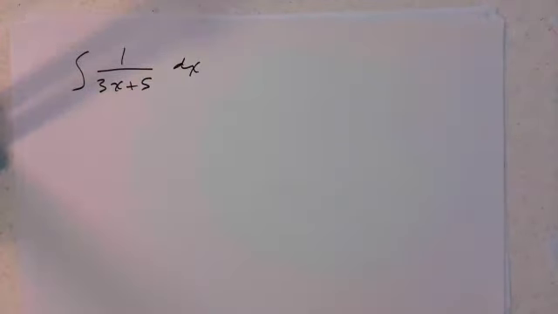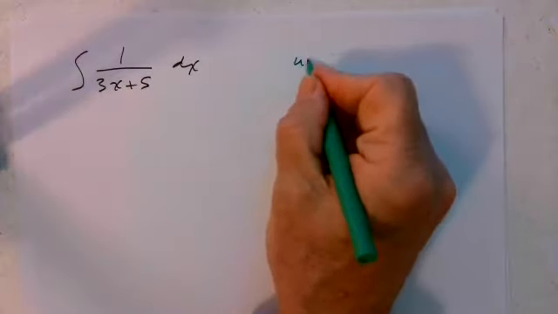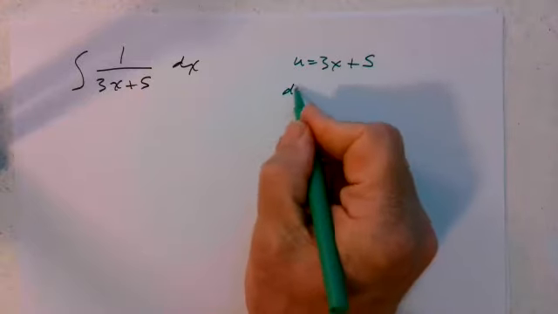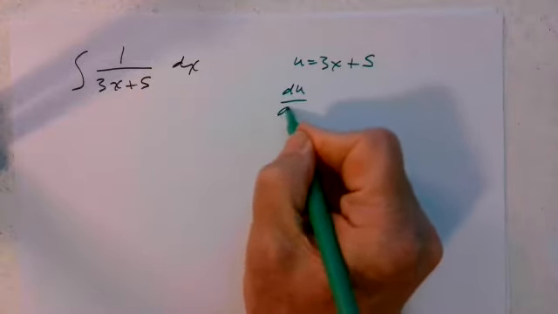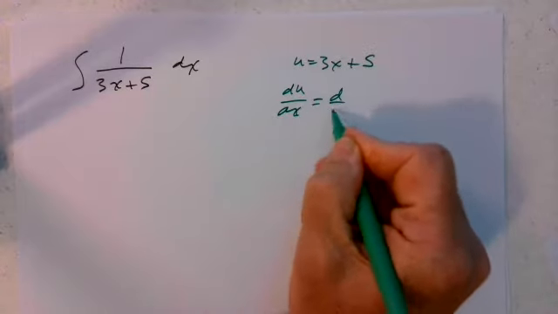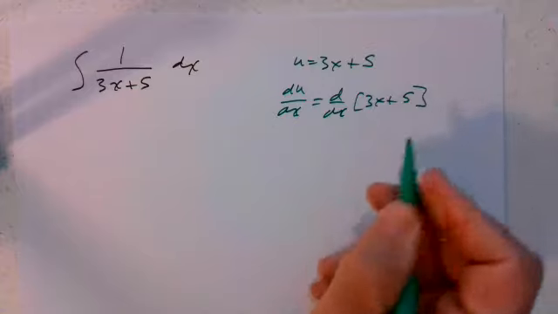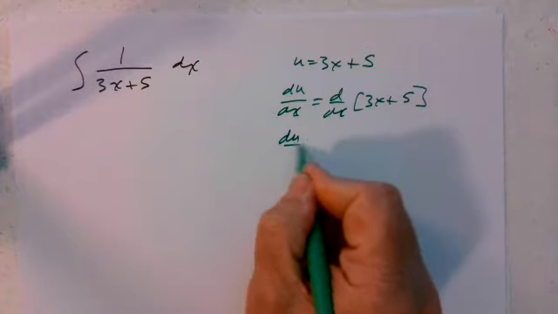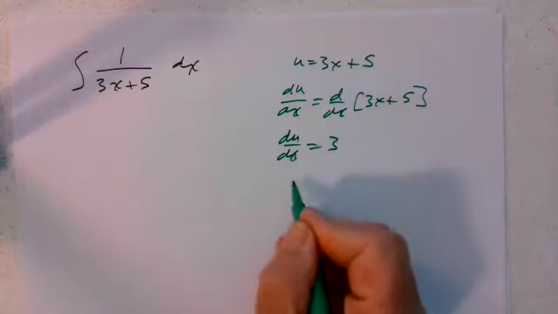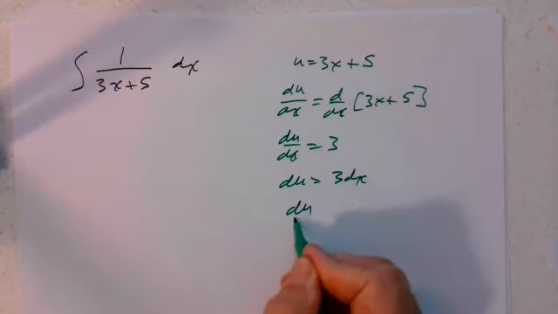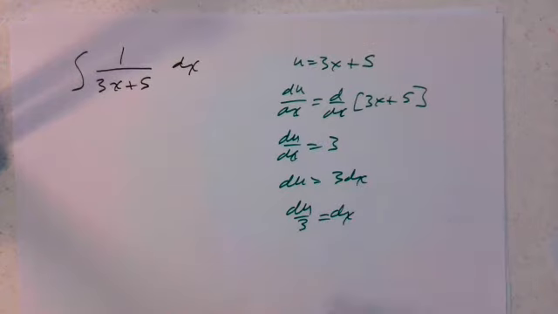we're going to let u equal 3x plus 5, of course. So then du dx, the derivative with respect to x of 3x plus 5, is 3. So du is 3 dx, and du divided by 3 is dx.